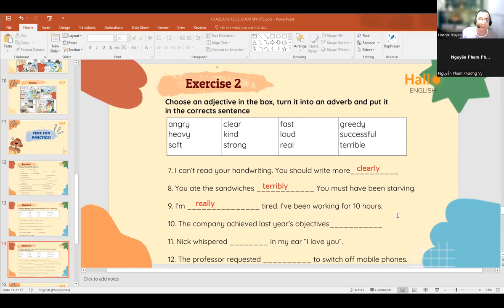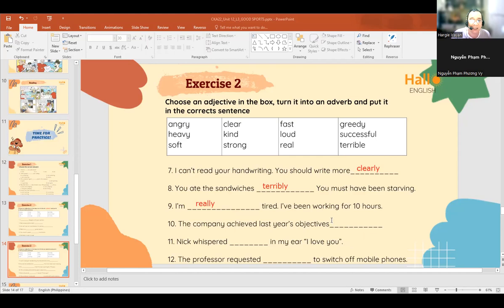Number 10, V. The company achieved last year's objectives. How did they achieve their objectives last year?